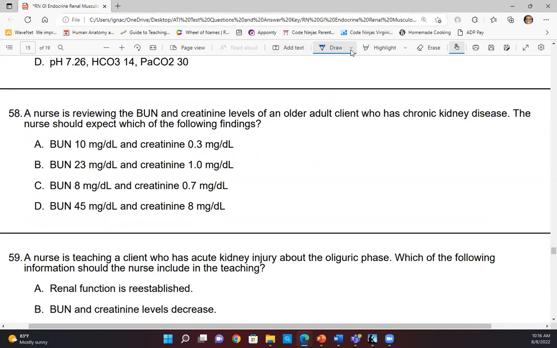Okay, so this is a nurse reviewing the BUN and creatinine levels of an older adult who has chronic kidney disease. The nurse should expect which of the following findings.